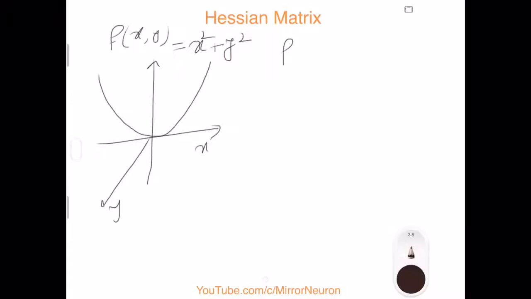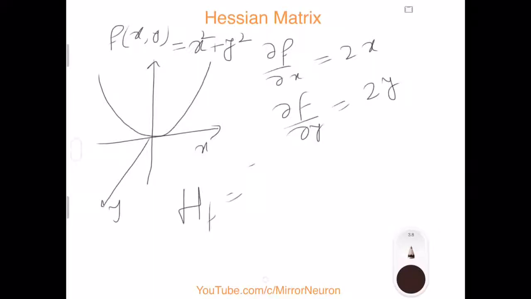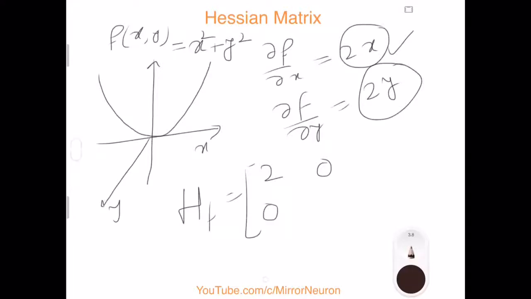If I take the derivative with respect to x, it becomes 2x, and the derivative with respect to y becomes 2y. To create a Hessian matrix, I take the derivative of the first again with respect to x, and it becomes 2. Then the derivative of the second function with respect to x becomes 0. The derivative of the first with respect to y becomes 0. And the derivative of the second again with respect to y becomes 2.